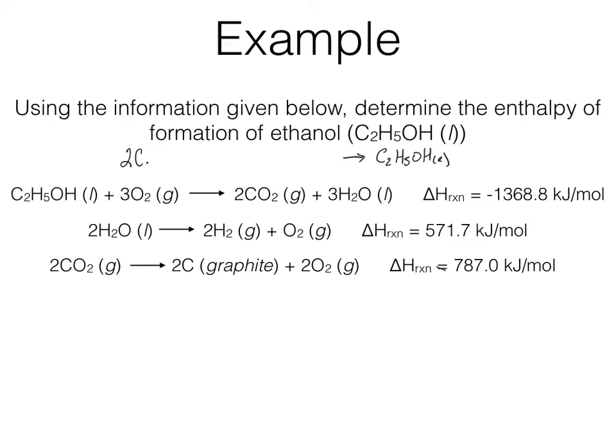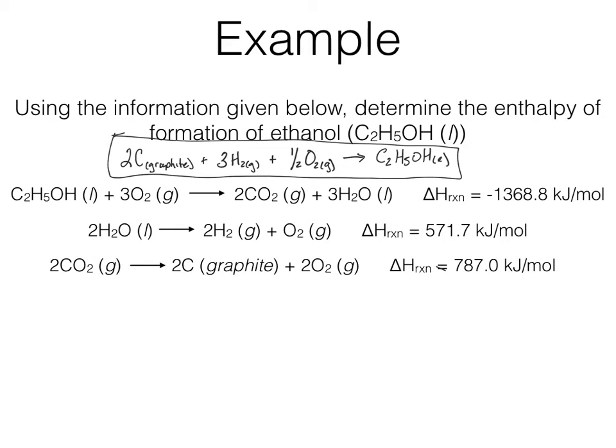To do that, I'll need 2 carbon, and its standard state is graphite, plus 3 H2 gases, plus a half of an O2 gas. This is the overall reaction of where I am going.